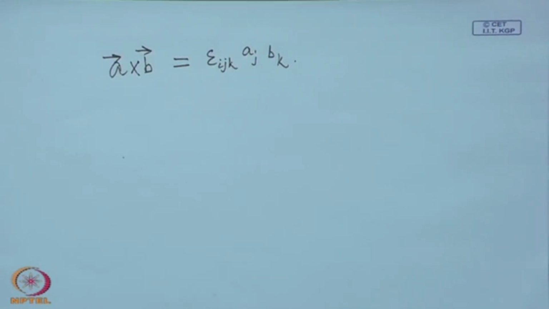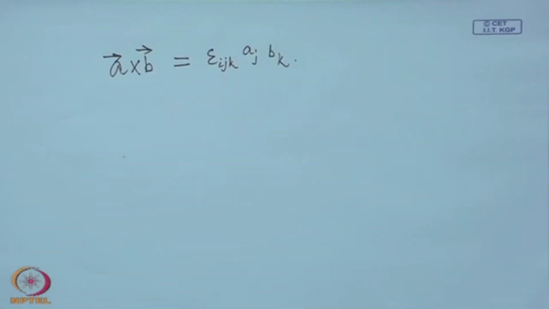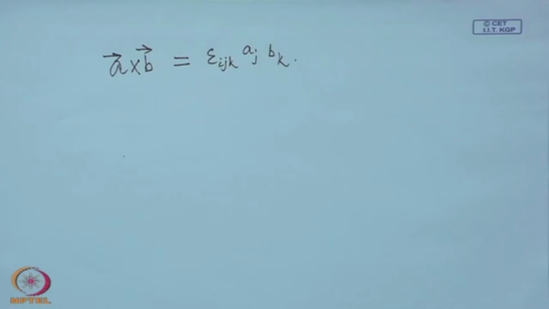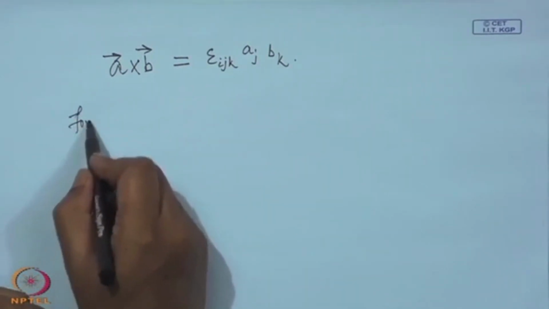If you try to expand this ijk, you can see that for each i you will be getting the 3 components of this left hand side vector. I want to take an example. For i equal to 1, what do you get?